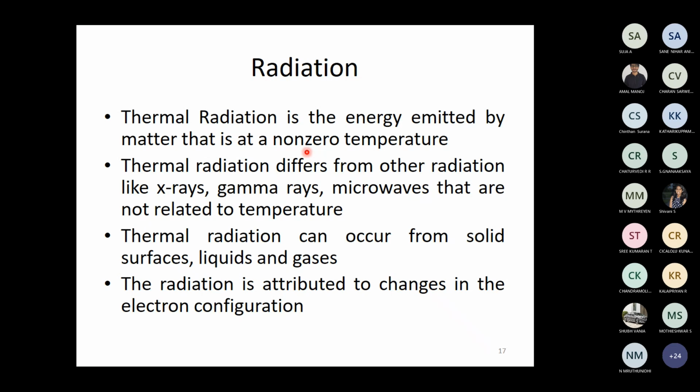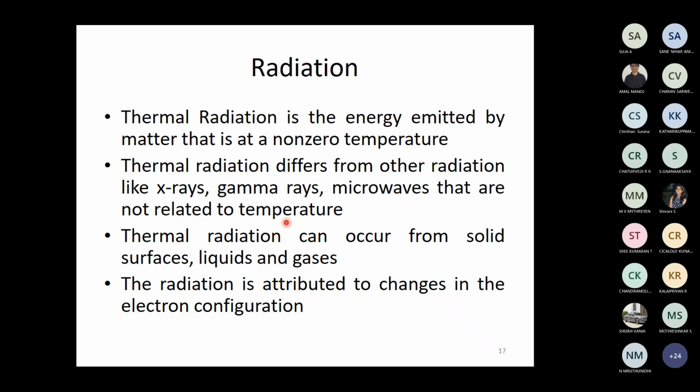Now there are several types of radiation. Radiation is an entire spectrum, and only a part of that spectrum is thermal radiation. Thermal radiation differs from other radiation like X-rays, gamma rays, and microwaves that are not related to temperature. Similarly, there is solar radiation, which is also only a part.